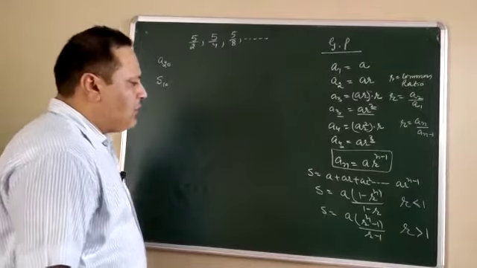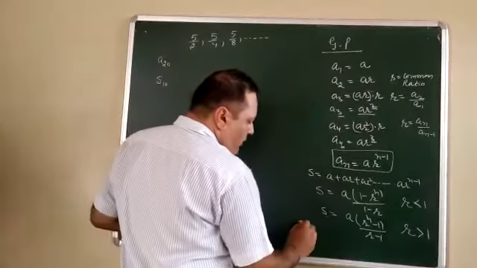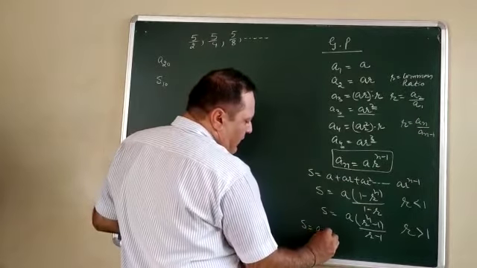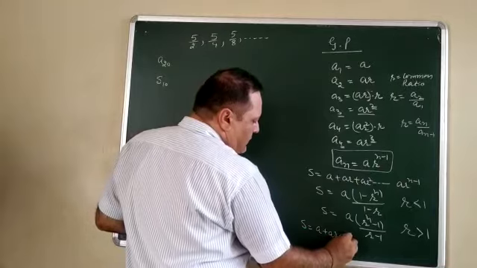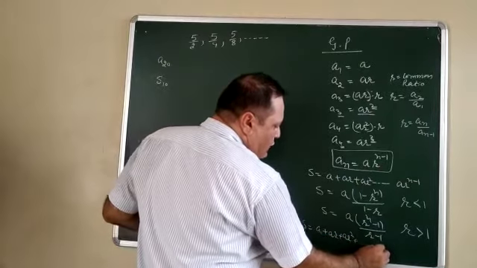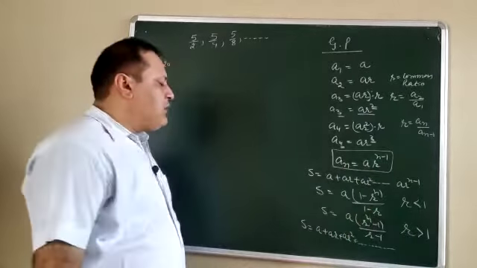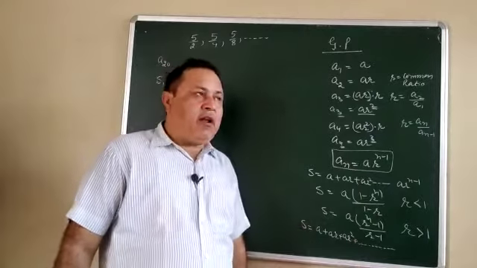And there is one more formula for an infinite number of terms. Means the n term is not given, S is like that, a plus ar plus ar square and so on. The sequence is given to you, but it contains infinite terms.